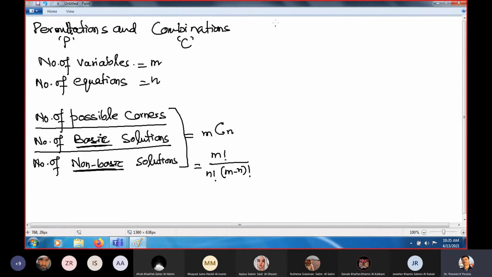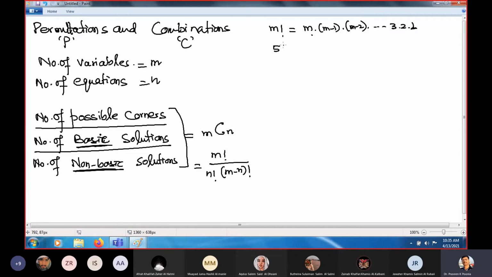So my dear friends, factorial m is equal to m, multiplied by m subtract 1, subtract 2, and so on until you reach 1. Every time you need to subtract 1, clear, and at last you need to reach 1.